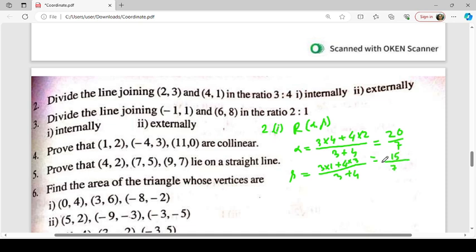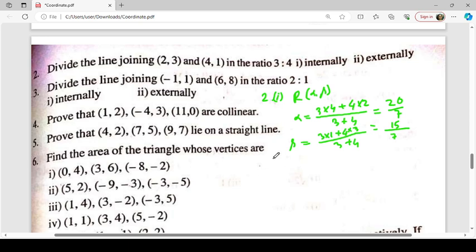This is for internal division, and for external division, alpha is given by (mx2 minus nx1), 3 into 4 minus 4 into 2, divided by 3 minus 4, and beta is 3 into 1 minus 4 into 3, divided by 3 minus 4.